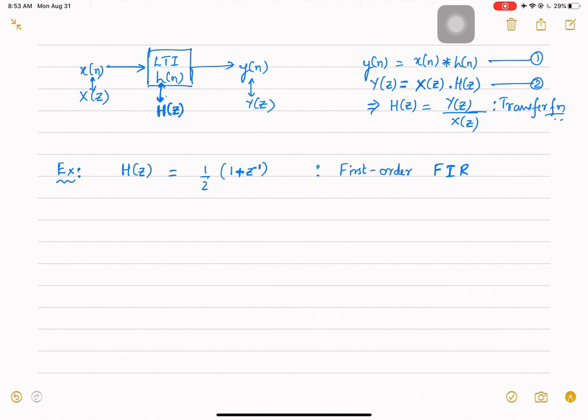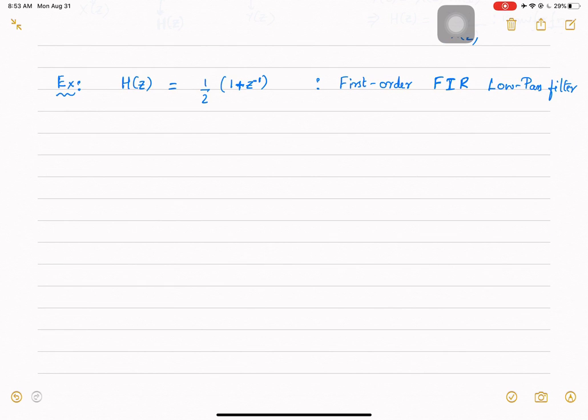I'll tell you why it's a finite impulse response. Low pass filter. If you take the inverse transform of this, what you get is my h of n will be equal to half delta of n, plus half of delta of n minus 1.